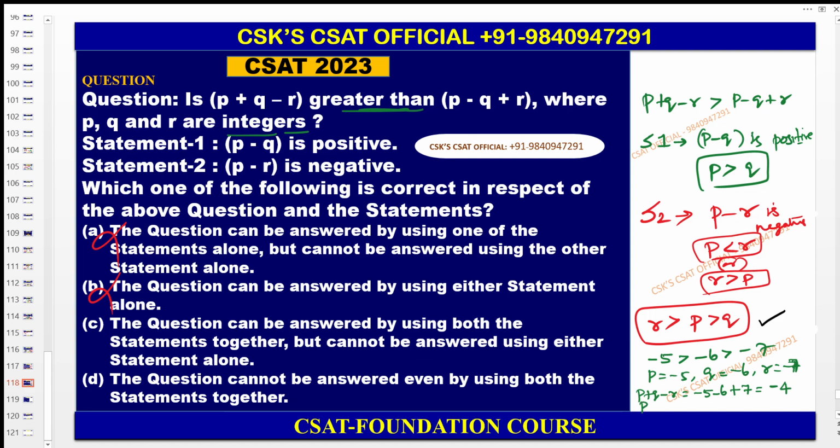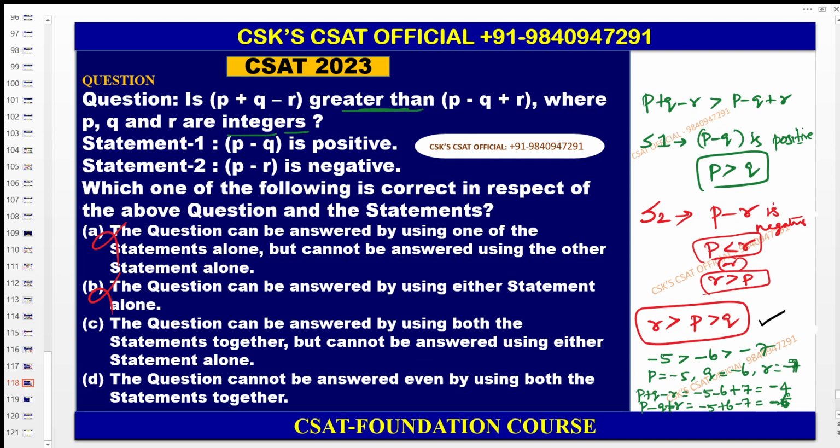Next here, P minus Q plus R. Minus 5 plus 6, minus 7, then minus 6.